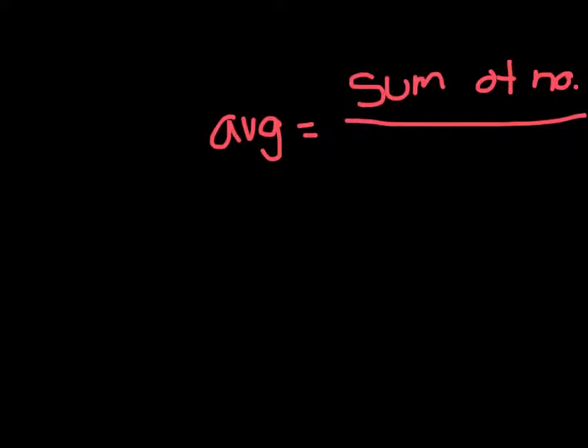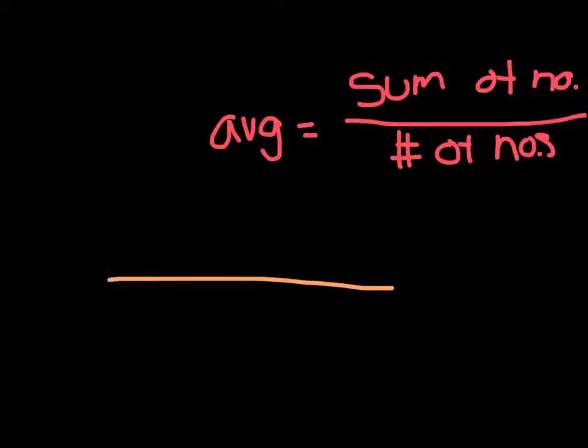average is equal to the sum of numbers over the number of numbers. Let's do the sum of the numbers first.